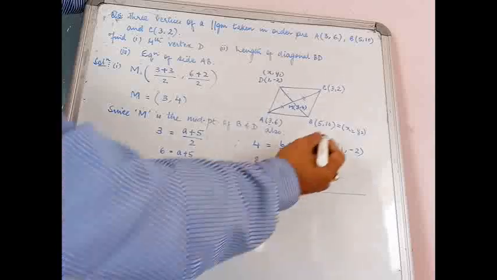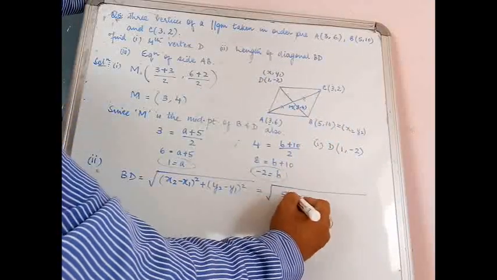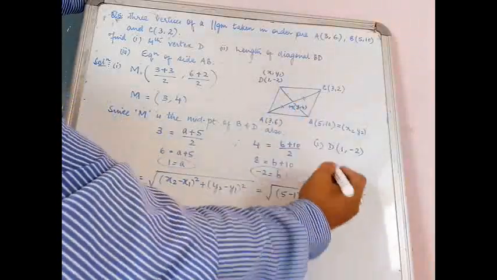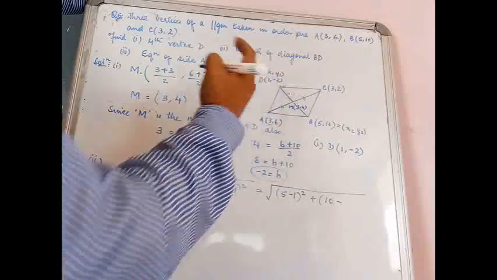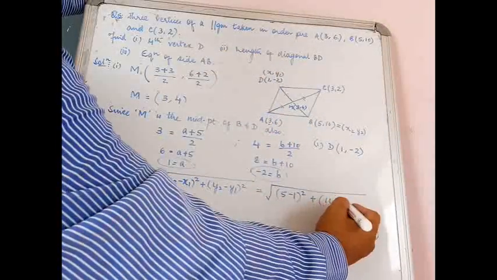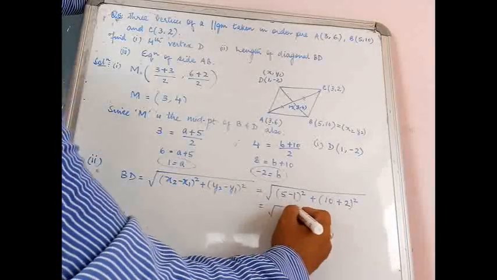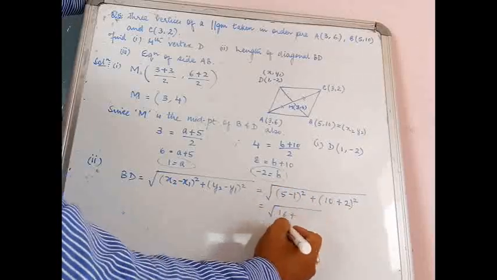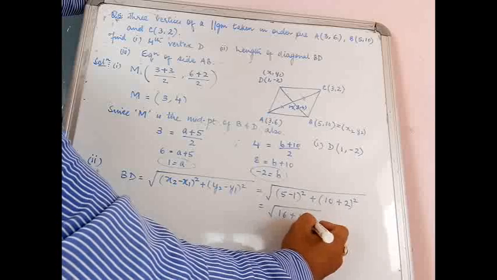Just put the values over here. x2 minus x1: x2 is 5, x1 is 1, so (5 minus 1) square, plus y2 minus y1: y2 is 10 minus y1 which is minus 2, so minus minus becomes plus, square. So 5 minus 1 is 4, 4 square is 16, plus 10 plus 2 is 12, 12 square is 144.